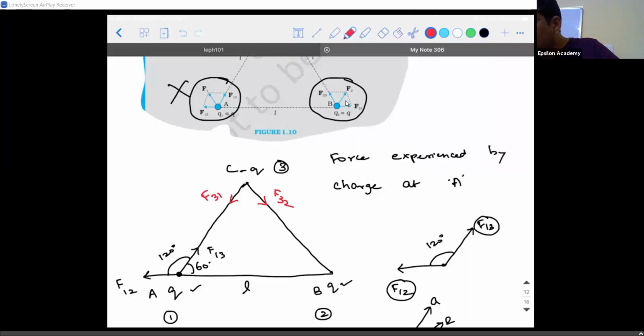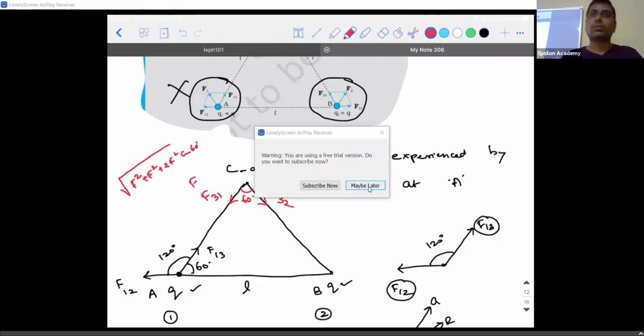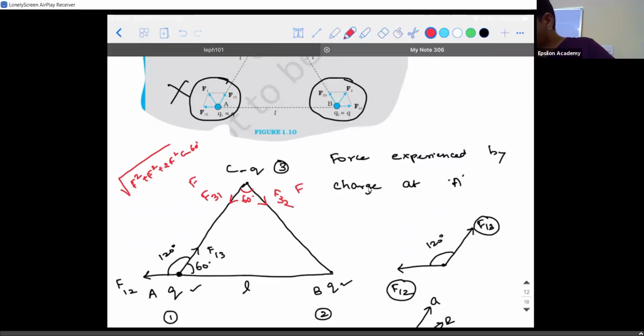F32. So it is making an angle of 60 degrees. I hope by now you are clear that both the forces will have the same magnitude because of the same combination of charges and same distance. So the angle is 60. What will be the resultant? Root of F square plus 2 times F square cos 60, which is going to give you root 3F. I hope it is clear, right?